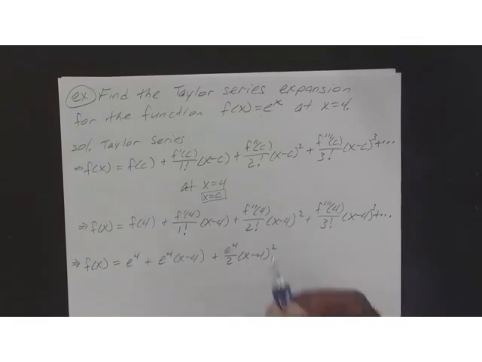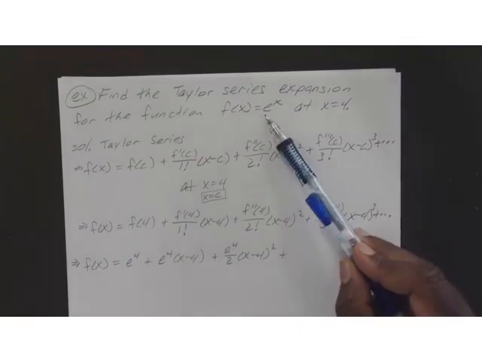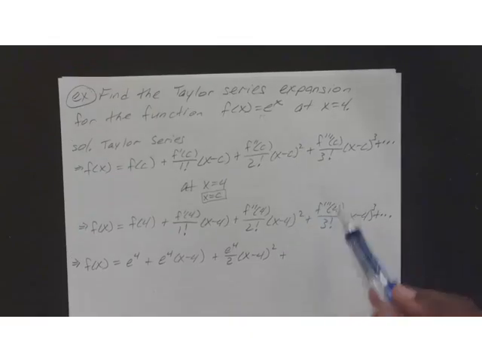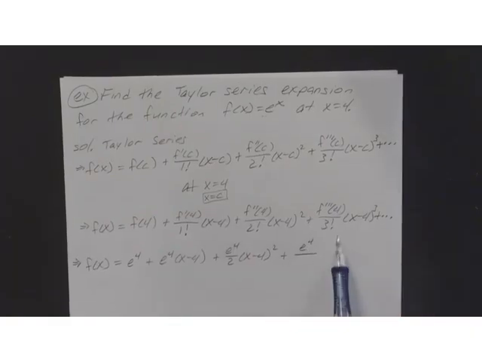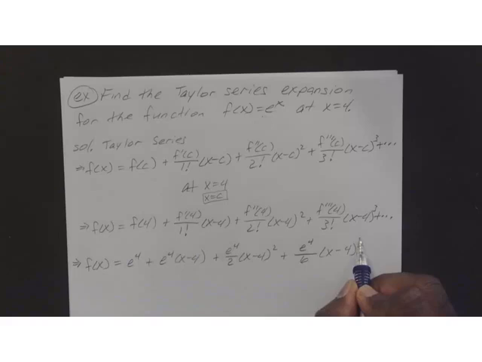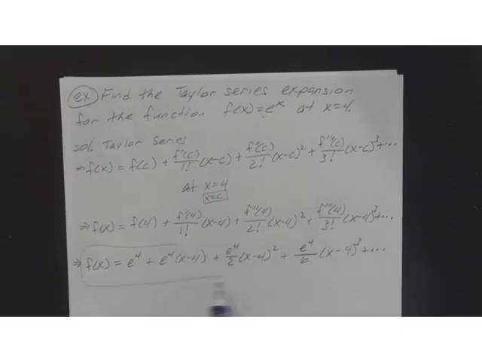Times x minus 4 squared, plus, again, we know the third derivative is e to the power of x, so that's e to the 4th power divided by 3 factorial. So e to the 4th power divided by 3 factorial is 3 times 2 times 1, which is 6. Times x minus 4 to the 3rd power. And it keeps on going, but we're only worried about the first 4.